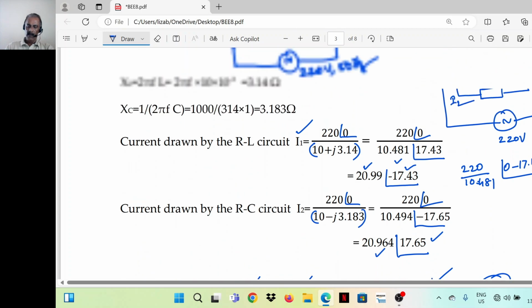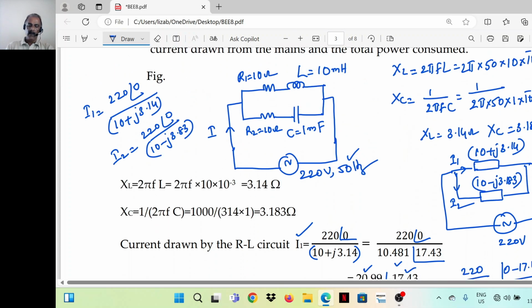So total power is consumed by these two resistors R1 and R2. Inductor or capacitor won't consume any power. So power consumed by R1 is equal to I1 square R1. Power consumed by R2 is I2 square R2.